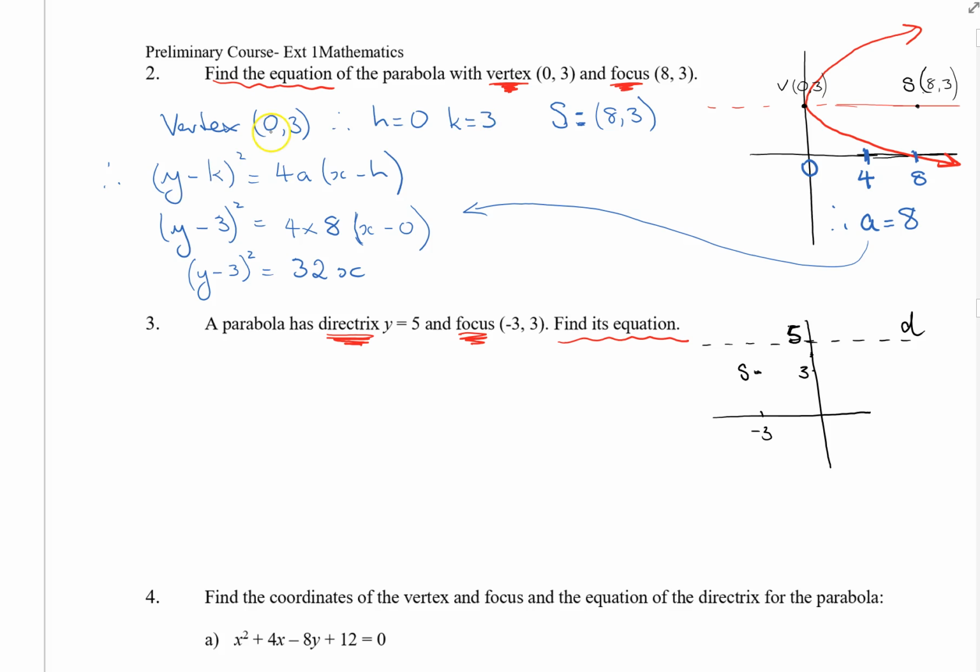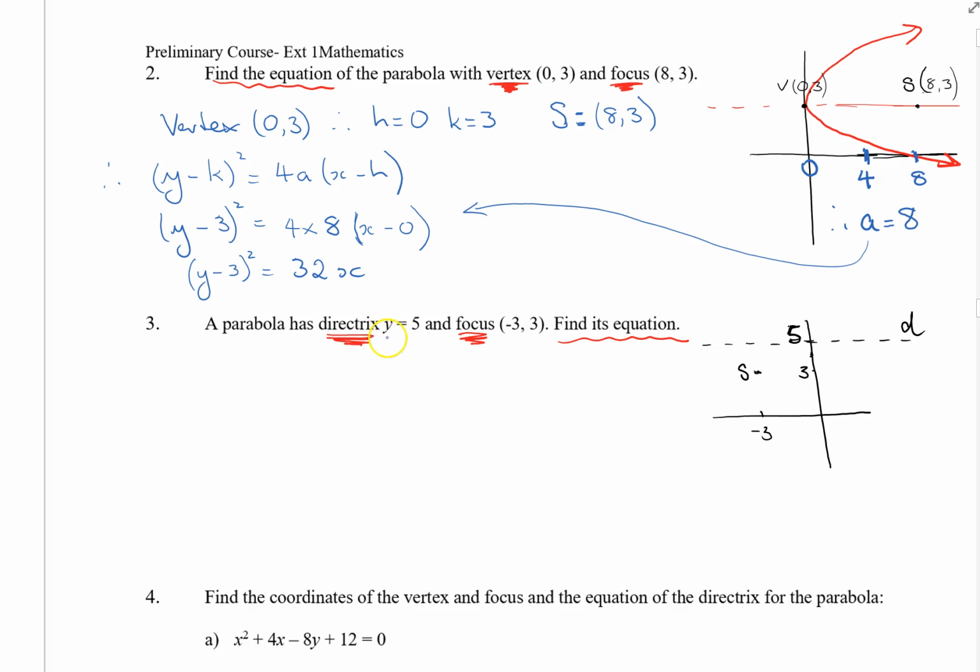And some people will put a 0 there because it's the first value given in the vertex. No, when our parabolas are on their side, we've got to give the y value for k. And our a, I've corrected as 8, and 4 times 8 times x minus nothing, so we get y minus 3 all squared is 32x.